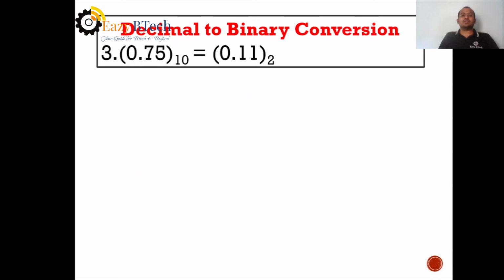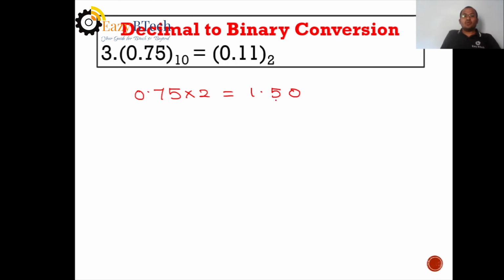Right? Now we will see how to find the binary equivalent for a given decimal number which has only a fractional part. What we have said is, if it is a fractional part we have to multiply by 2. So 0.75 multiplied by 2 gives 1.50.